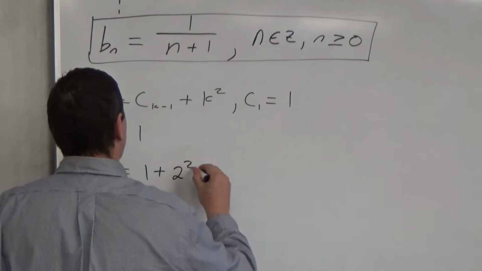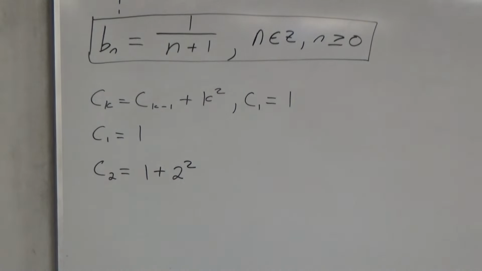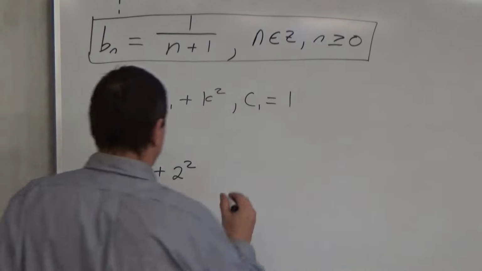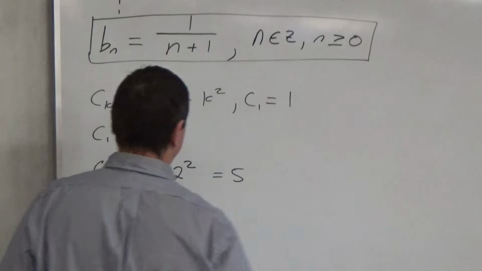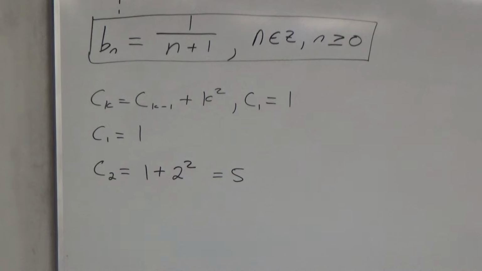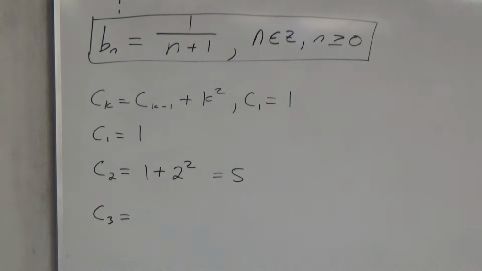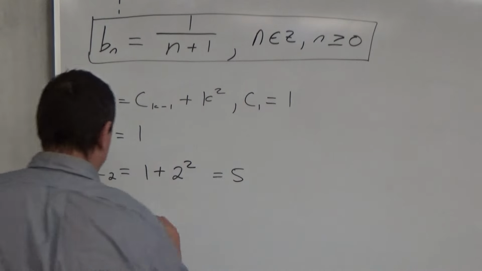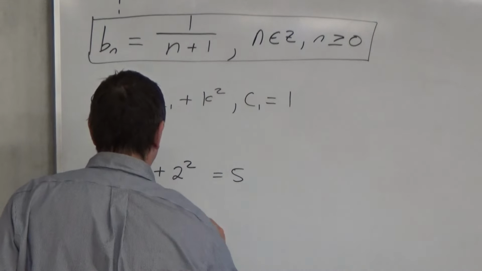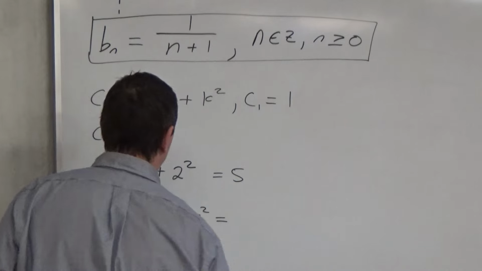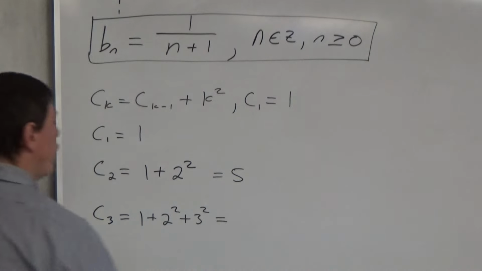Good. Which is 5. What about c sub 3? 5 plus 3 squared, or 1 plus 2 squared plus 3 squared. Or 5 plus 9, which is 14.